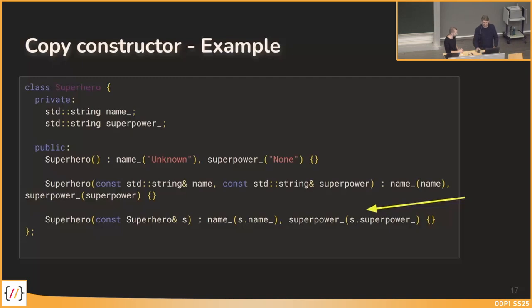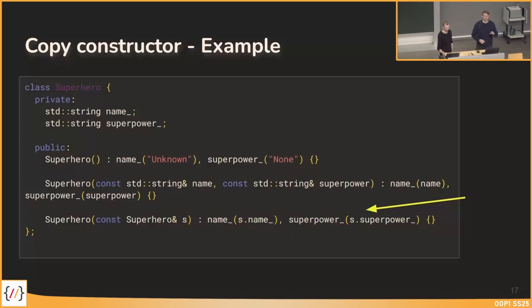What's the argument once again? The argument is a const superhero reference, the same type as the class, and we just give this a variable name. Then we initialize it with the values of the superhero we received as argument.